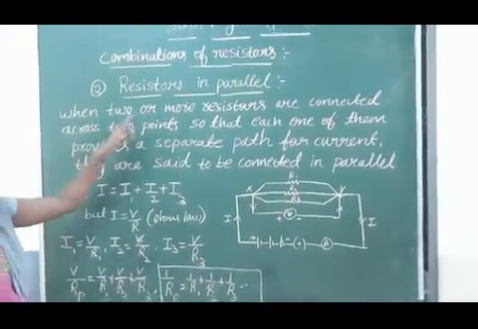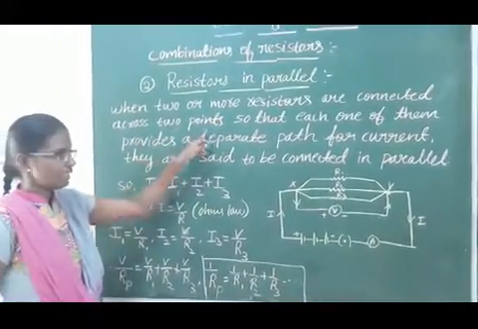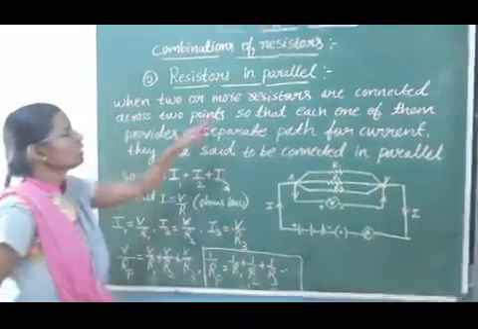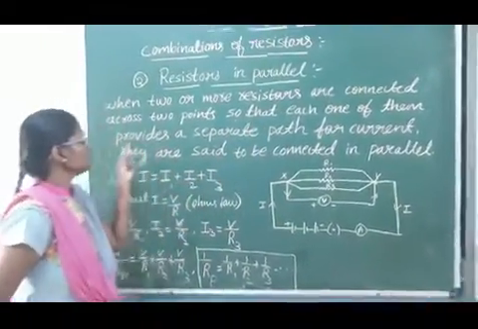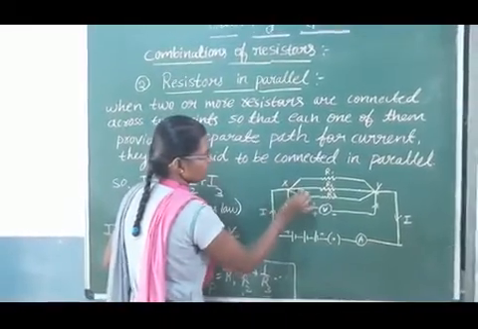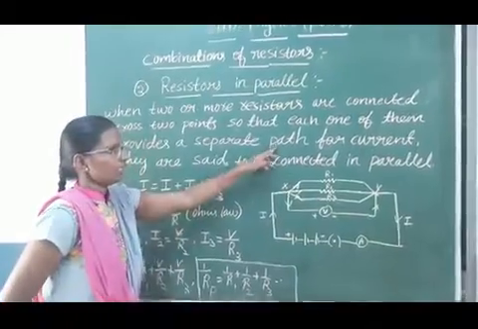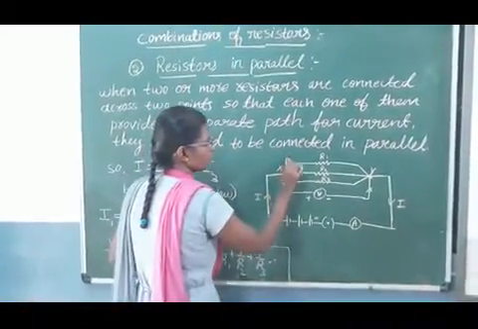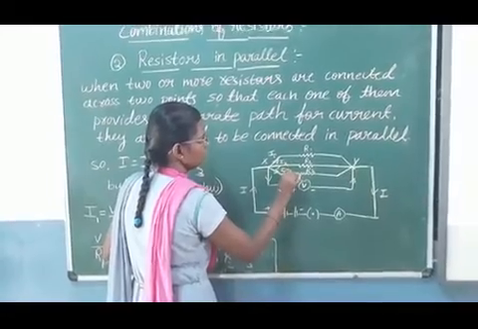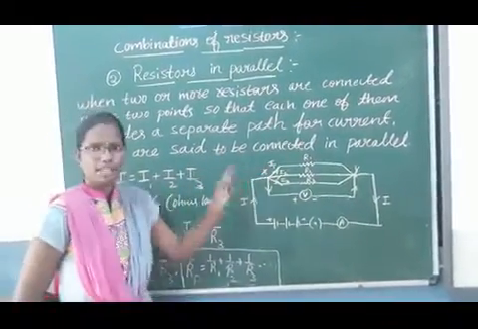When two or more resistors are connected across two points, X and Y, so that each one of them provides a separate path for current, I will call these currents I1, I2 and I3. They are said to be connected in parallel.